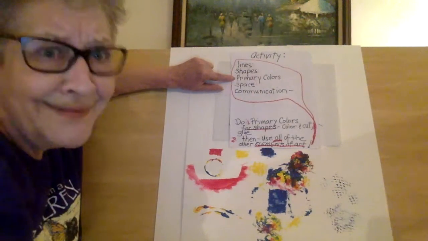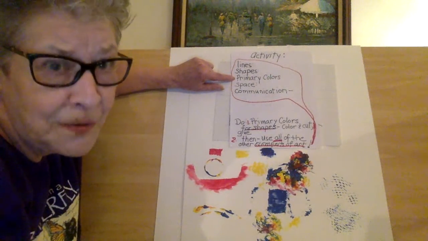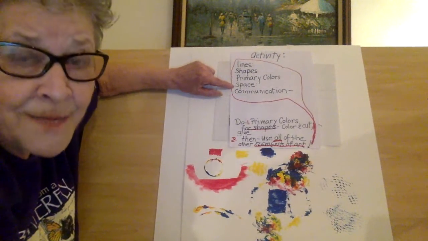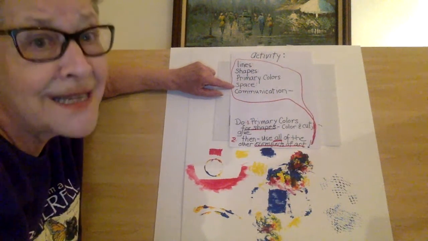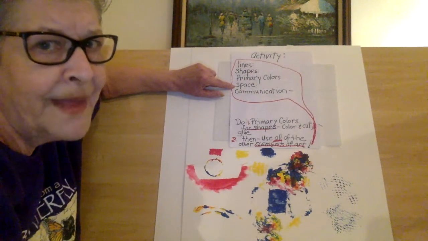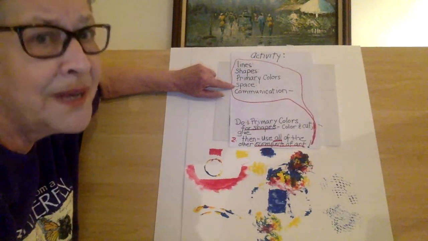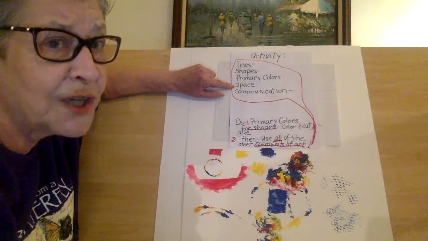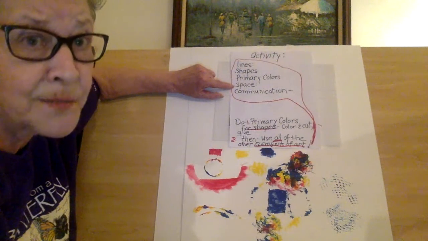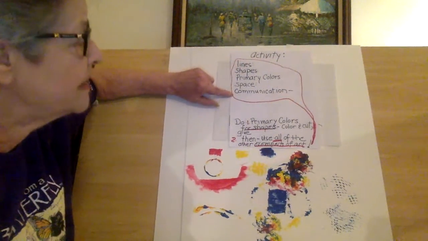Red, yellow, blue. I love you. Space. We talked about negative space and positive space. What is negative space? It's the space that isn't being used in the picture. It helps define the picture or the subject.